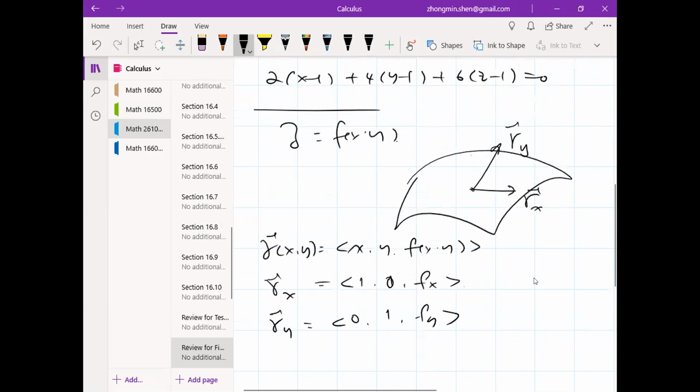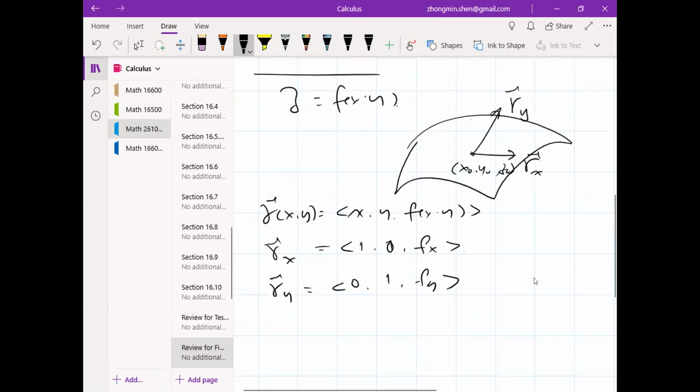If this is a point (x naught, y naught, z naught), how do you find the equation for the tangent plane? There are two different ways to find it. You can find the normal vector and use it.